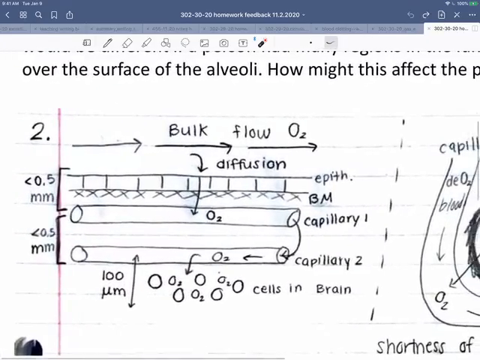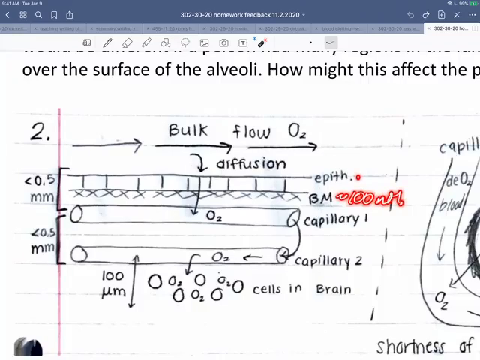So the diffusion takes place between the air in our lungs across a thin epithelial layer with basement membrane. And this is correct, that epithelial layer with basement membrane to the capillary is going to be less than 0.5 millimeters. And in fact, in a human, that distance is much less than that. The basement membrane is typically about 100 nanometers, only 0.1 microns.